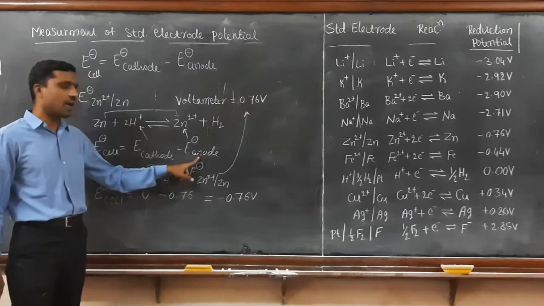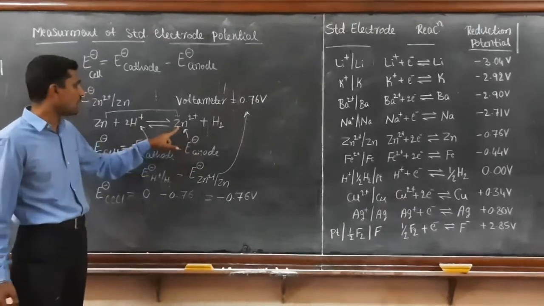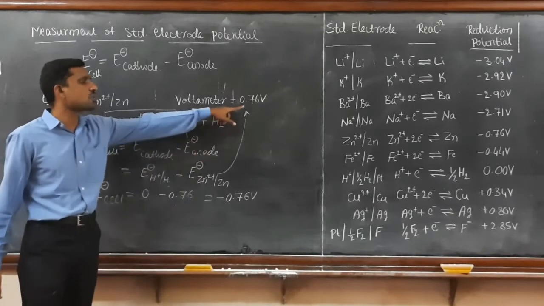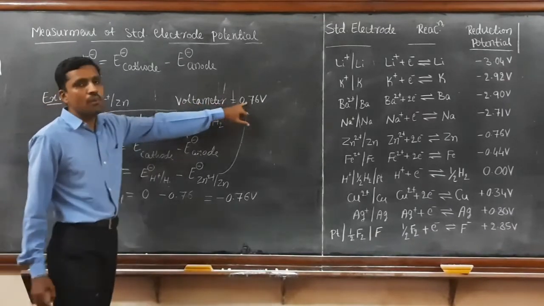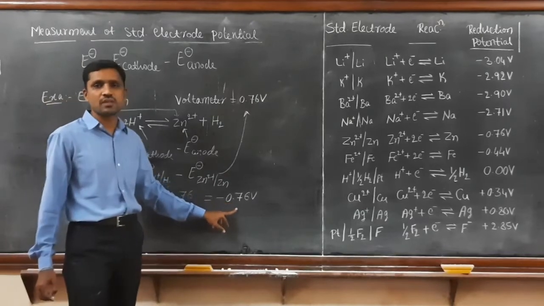Zinc undergoes oxidation and acts as the anode, so its EMF is 0.76. The voltmeter shows the EMF of the zinc electrode as 0.76. Therefore the EMF of the cell in this case is 0.76 volt.